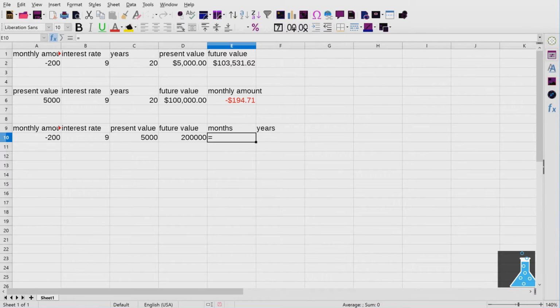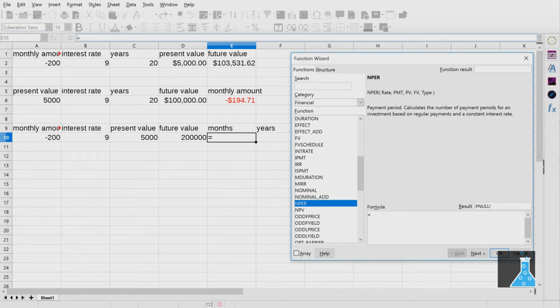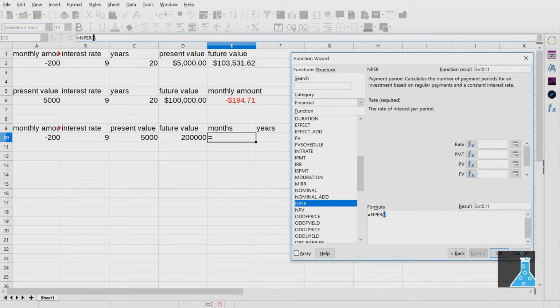Okay, so we'll click our function button and we'll pick financial. And then we'll go to N per. And then we'll say next. So our rate again is 9%, in cell B10, and we'll divide by 100, and then also divide by 12.